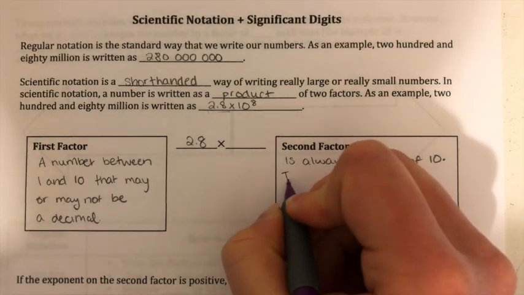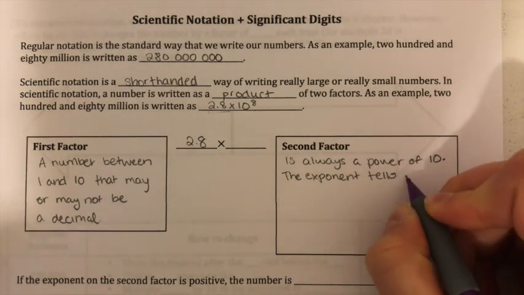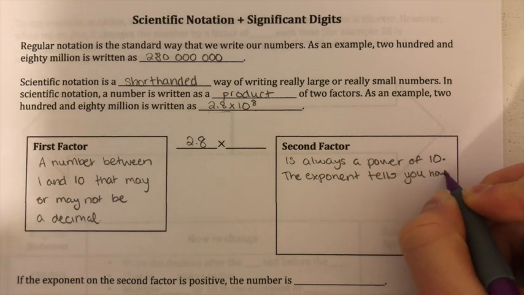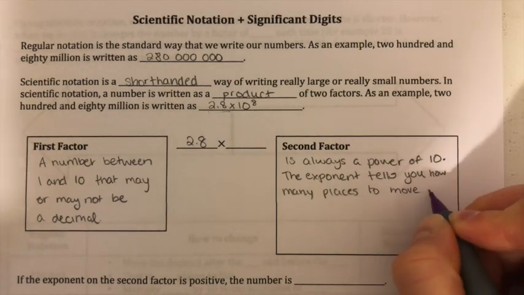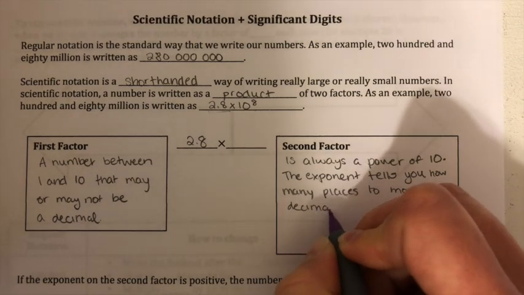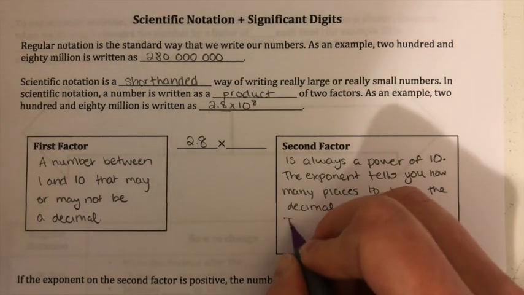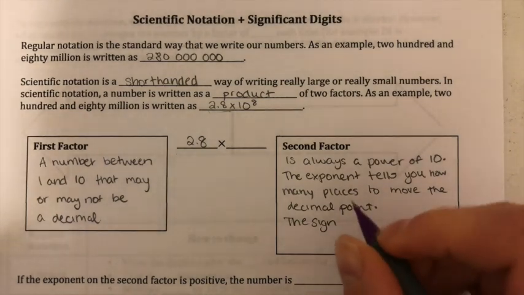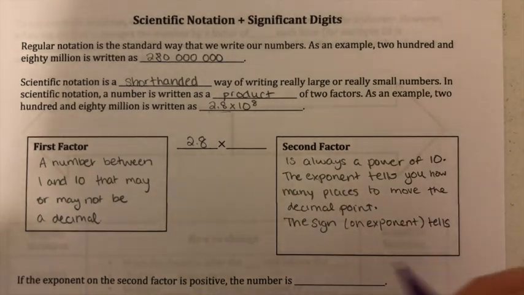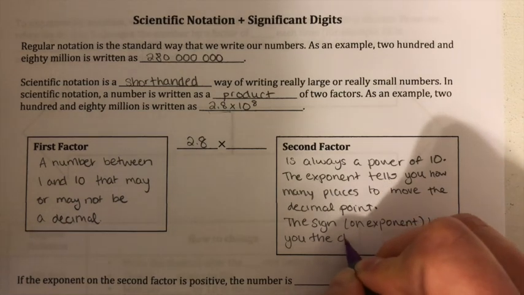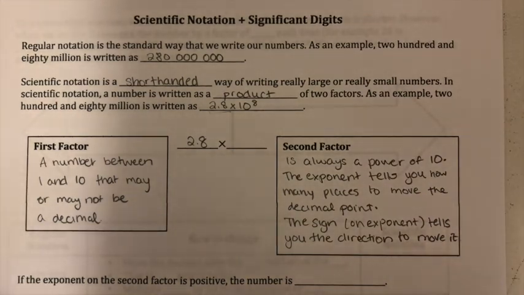The exponent tells you how many places to move the decimal point, and then the sign on the exponent tells you the direction to move it. Okay, so that's what your second factor says.